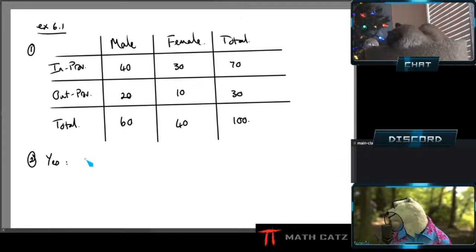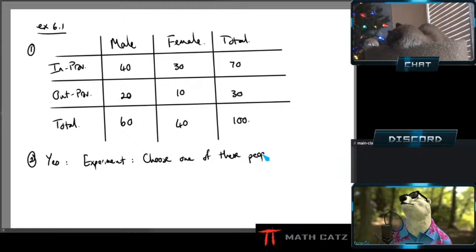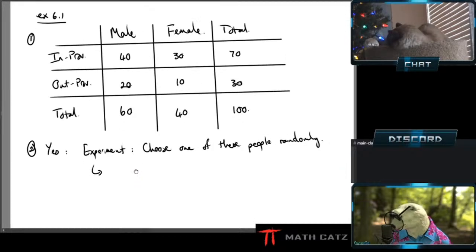I can design an experiment, and the experiment is choose one of these people randomly. It has to be random so that each person is equally likely to be selected, because of the way I'm setting up my experiment.